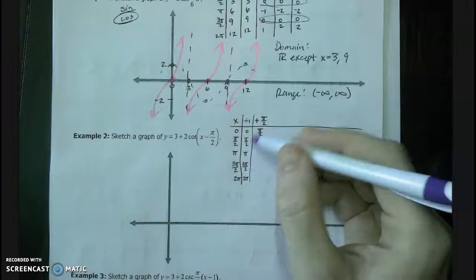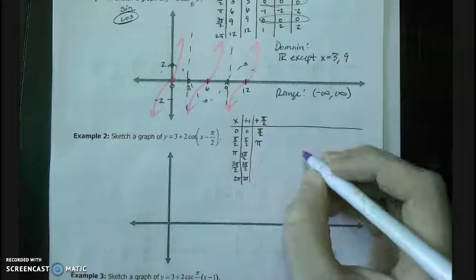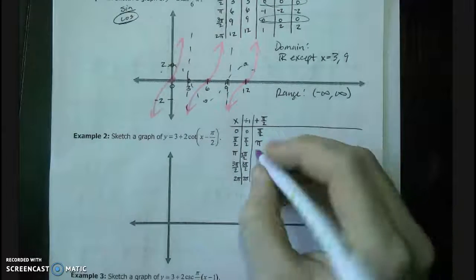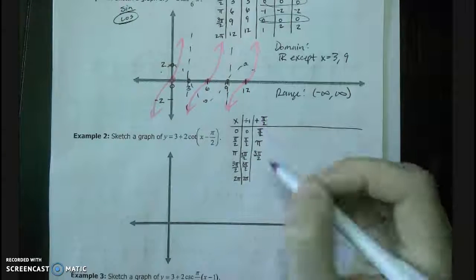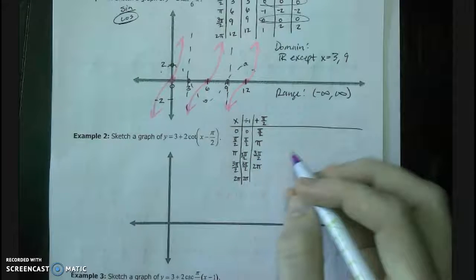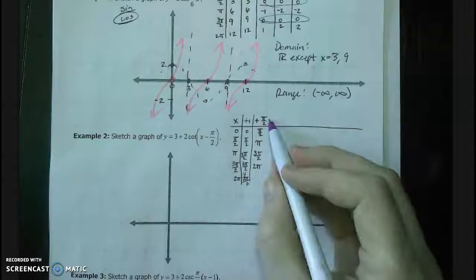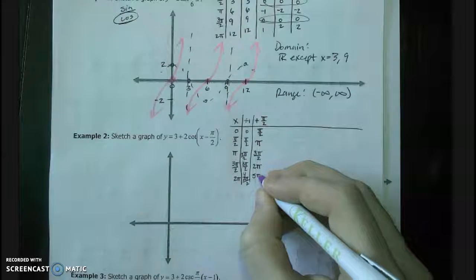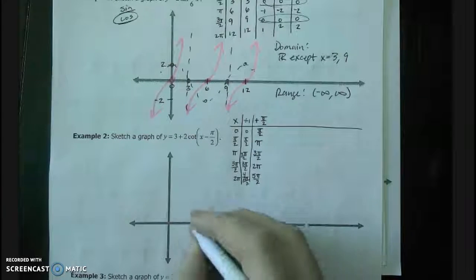Then you've got pi plus pi over 2, which if you get a common denominator and make that 2 halves, you're going to have 3 pi over 2. 3 pi over 2 and 1 pi over 2 makes 4 pi over 2, and that reduces to 2 pi. And if you get a common denominator for your 2 pi, that changes to 4 pi over 2 plus 1 pi over 2, which is 5 pi over 2. So those are your x-axis values.